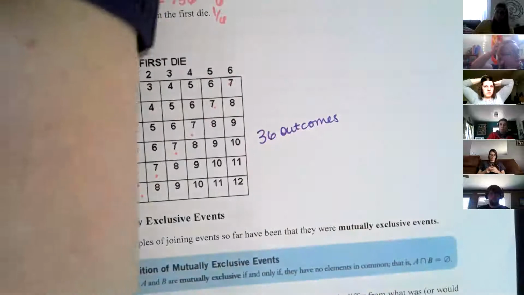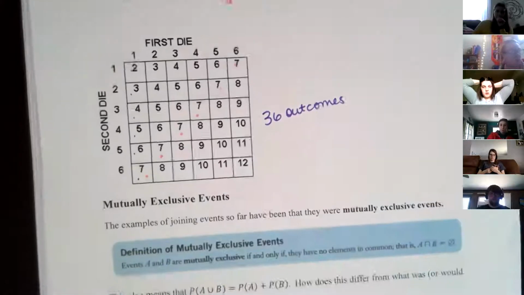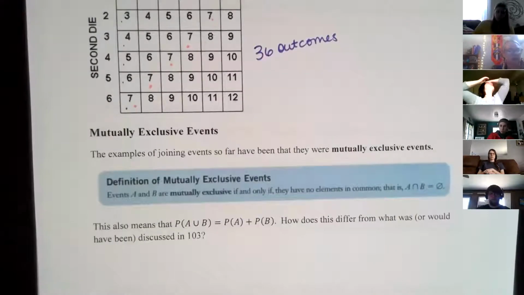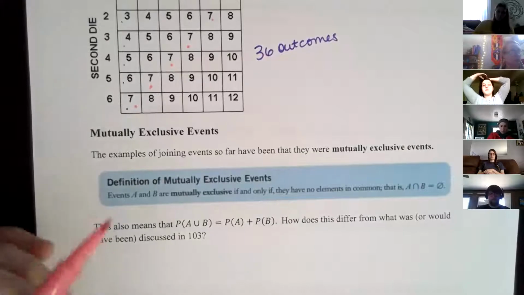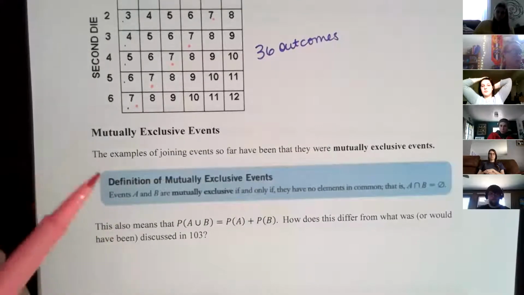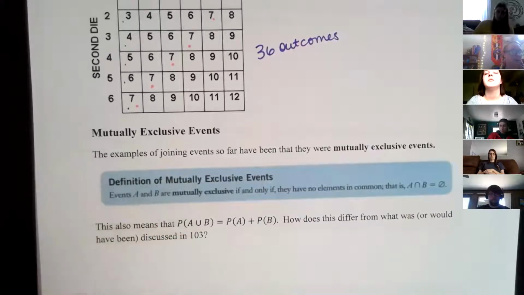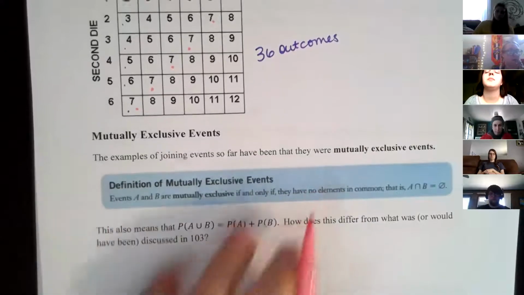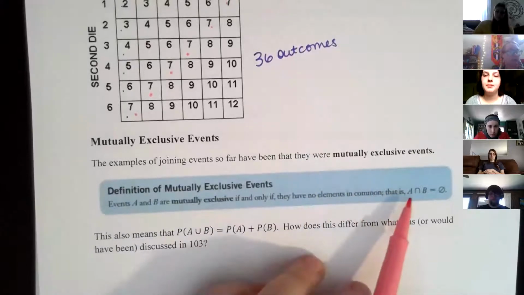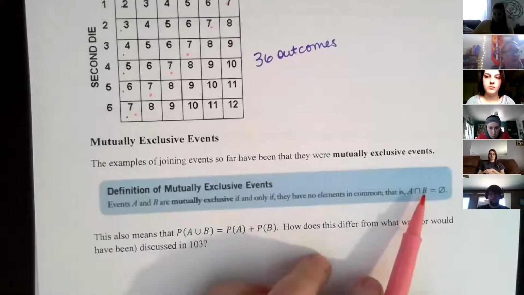All right, let's look at mutually exclusive events. So far the things that we've been looking at were mutually exclusive. Being mutually exclusive means that they have no common elements, or that their intersection is equal to the empty set.